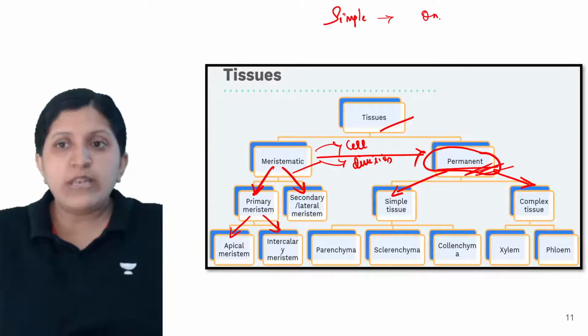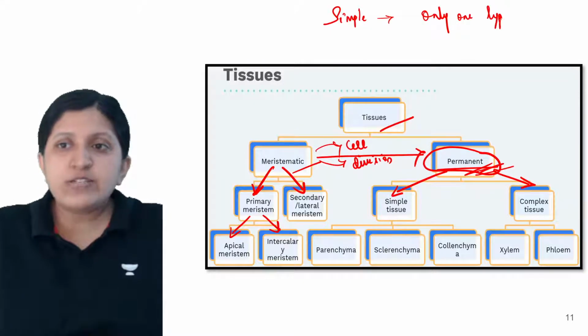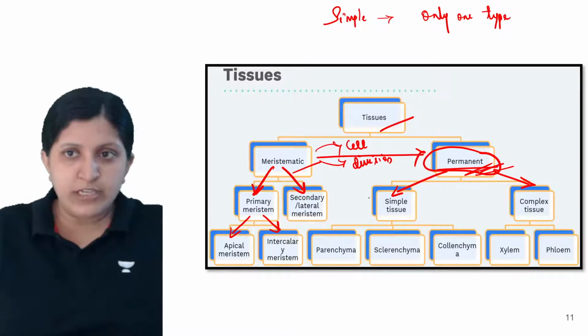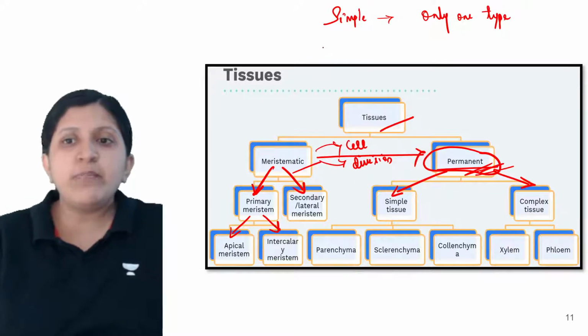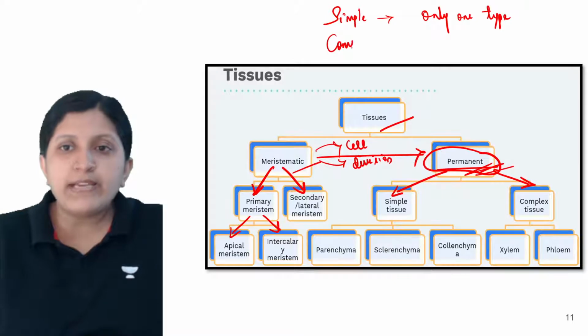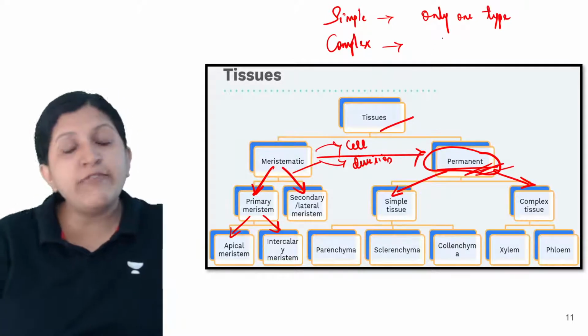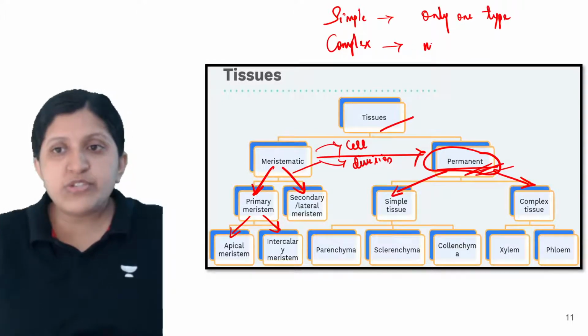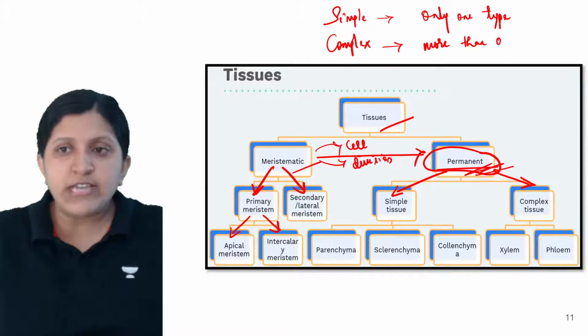Only one type of tissue is found, so that is called a simple permanent tissue. Then complex is basically more than one type of tissue found here.